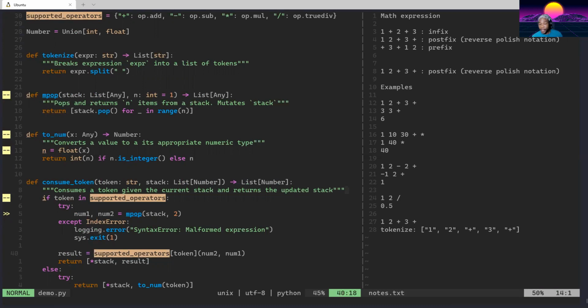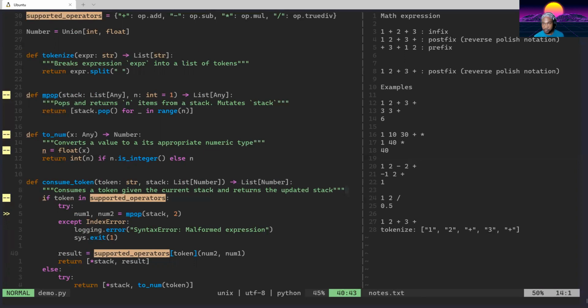Now, if we have the two things, then we can apply the operator. Here I'm just using the token to key into the supported operators to get the function. So if this were the plus token, then we'd get the add function. If this were the minus token, we'd get the subtract function.